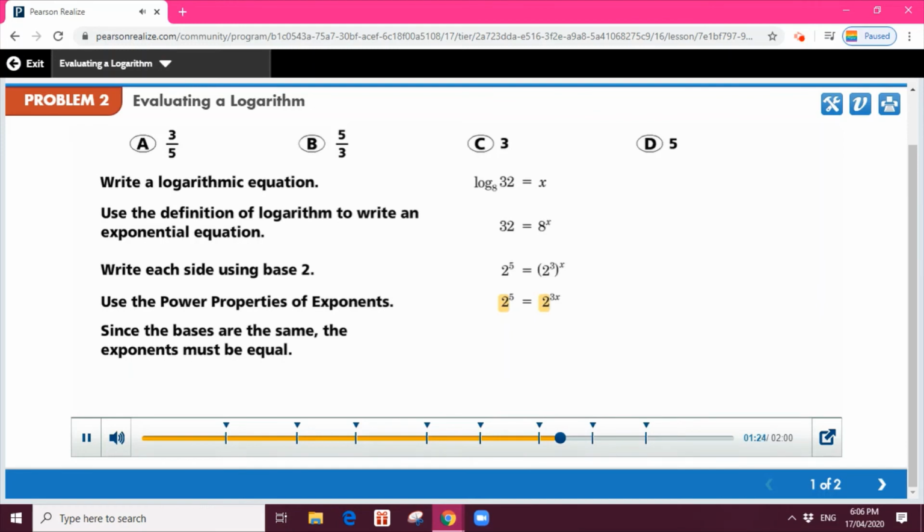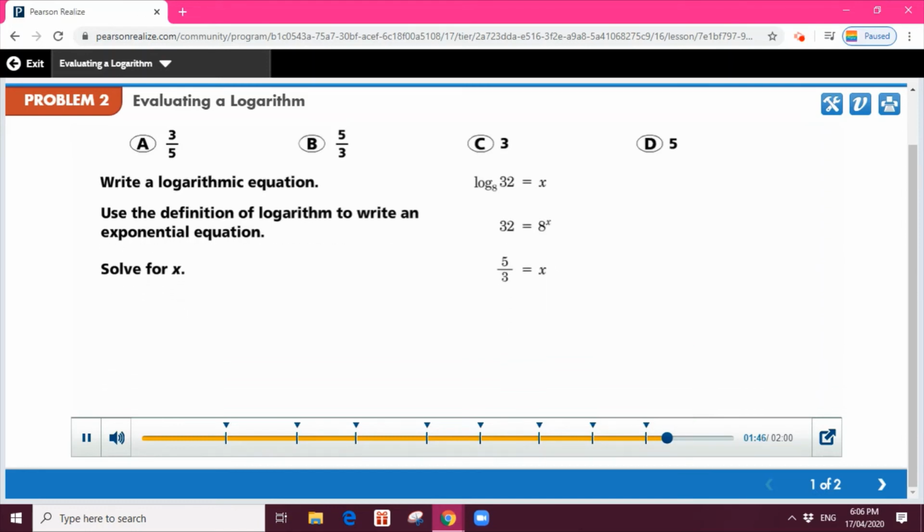Since the bases are the same, the exponents must be equal. Solve for x. So, x equals 5/3. Since 8 to the 5/3 power equals 32, then log base 8 of 32 equals 5/3. The correct answer is B.